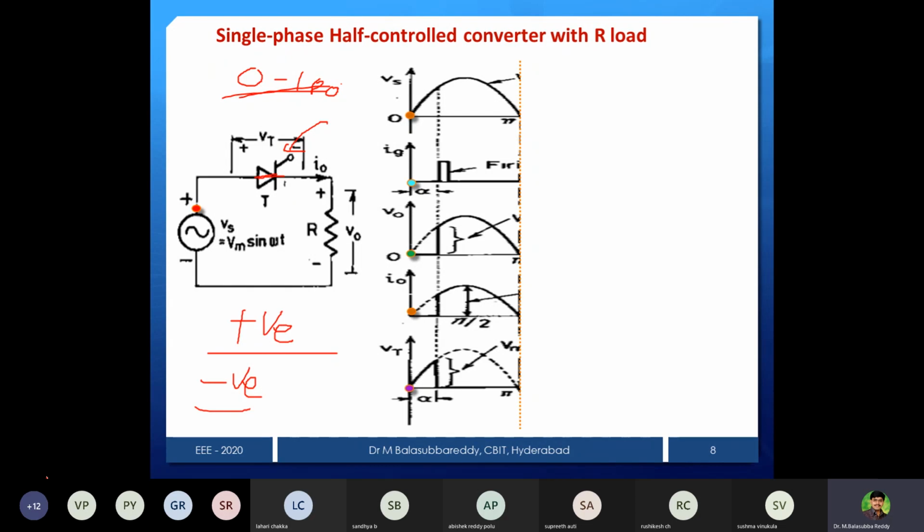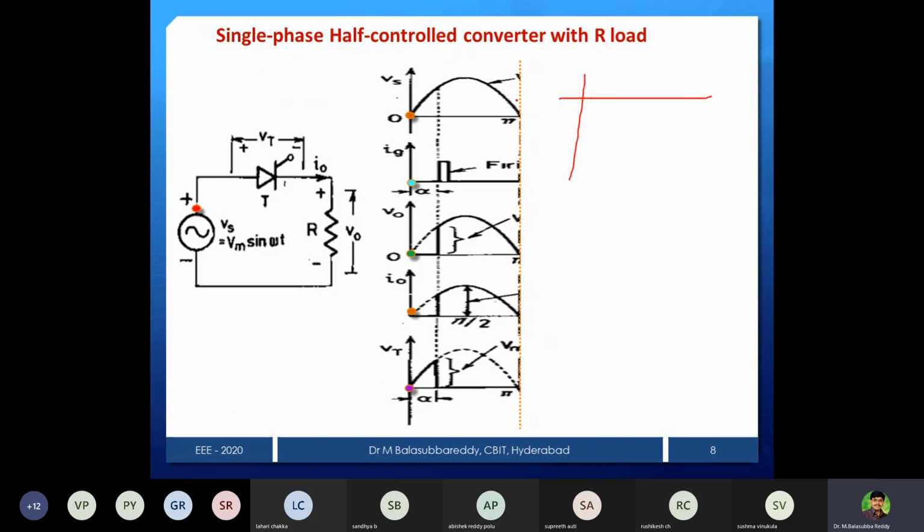As you are aware, there is one thumb rule you should remember. If you remember that, the waveforms are also easy. What you want to find is the output voltage and the voltage across the device. For that there are two instants: the on duration instant and the off duration instant.